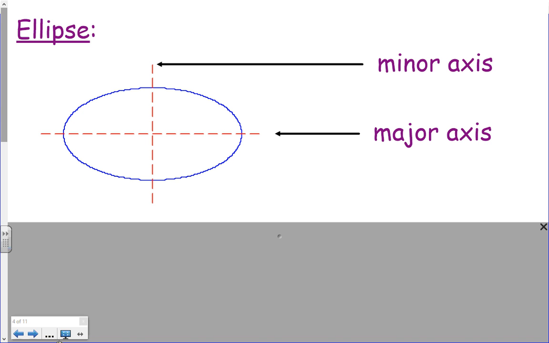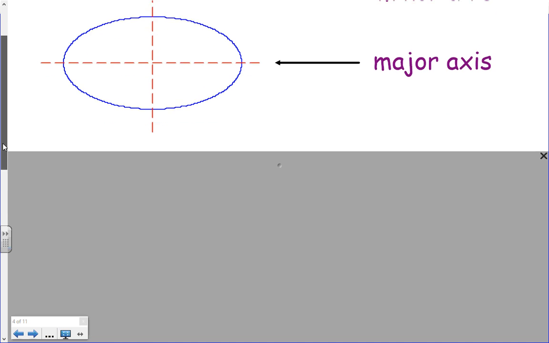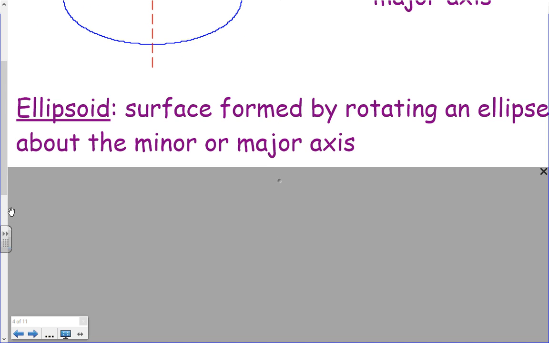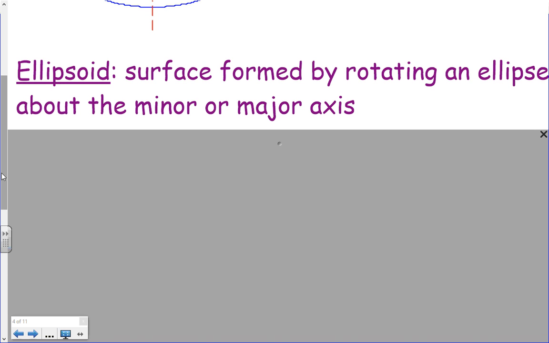So that means that I could actually rotate this around its major axis and get one sketch, or I could rotate it around its minor axis and get a different sketch. So what happens when we rotate this around its axis of symmetry?